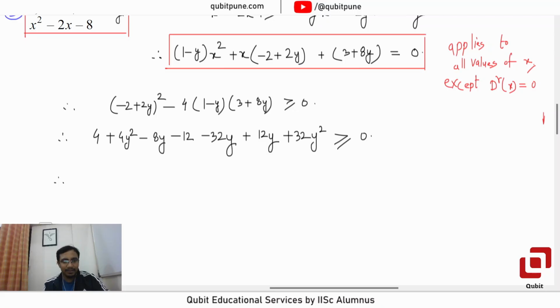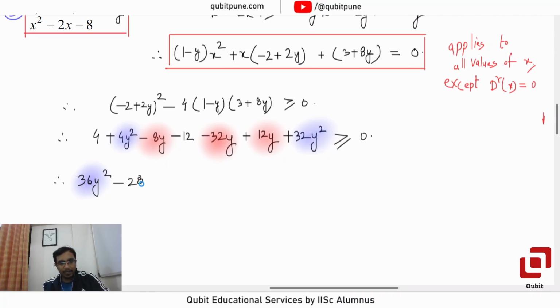Now let us simplify this. 32y squared plus 4y squared will give us 36y squared. Then negative 8y minus 32y makes negative 40y, plus 12y makes negative 28y.